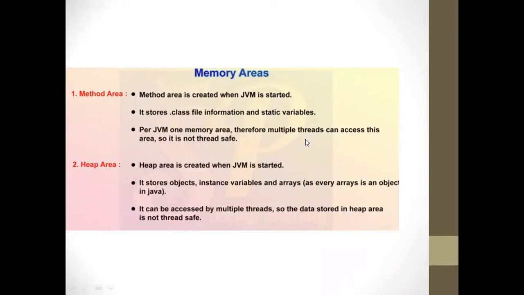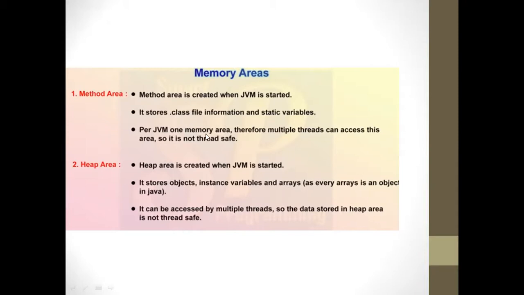The next type of area is the heap area, which is also created when the JVM is started. It stores the objects, instance variables, and arrays.